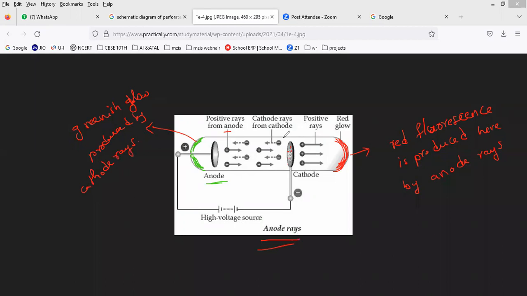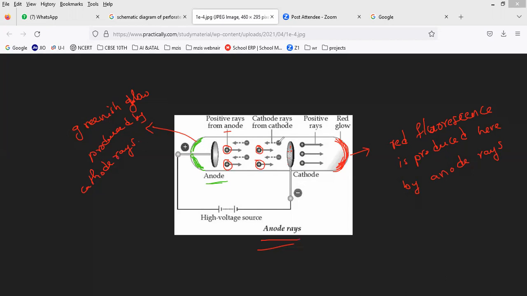The rays were moving exactly opposite to the cathode rays. That is why Goldstein concluded that they have positive charge.